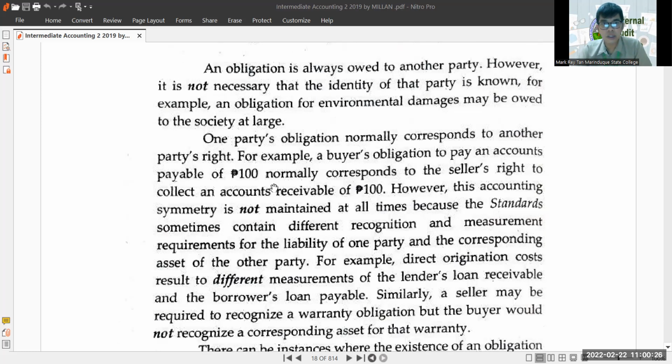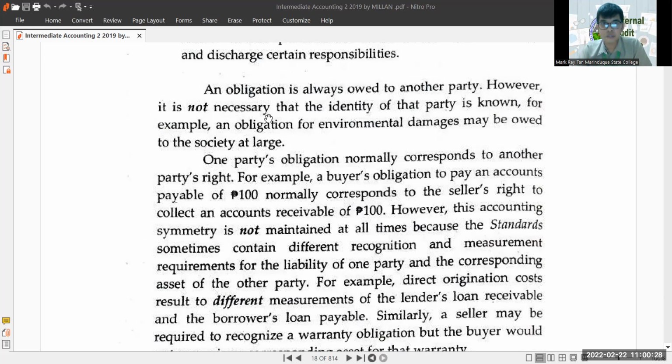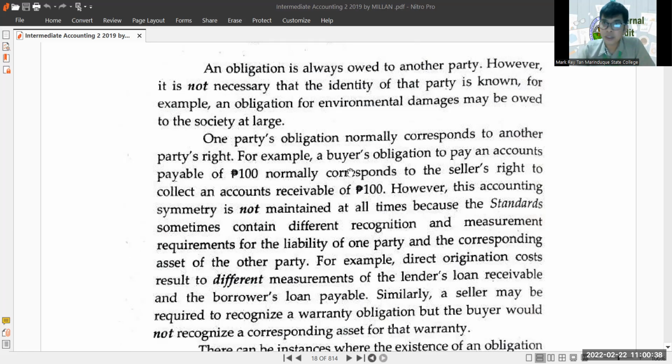So, dito sa example, this is just an elaboration of this paragraph which says lang na there are two parties sa obligation. Sige, basahin natin. For the sake of discussion, one party's obligation normally corresponds to another party's right. Ayan. So, sa point of view ni debtor, obligation yon.